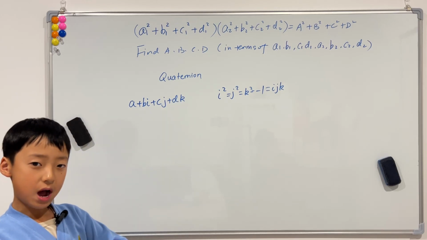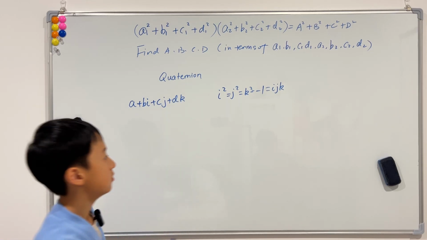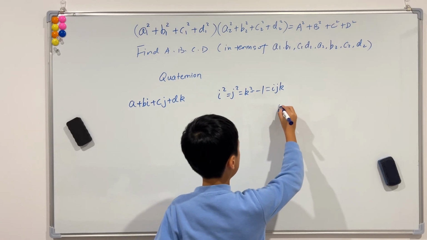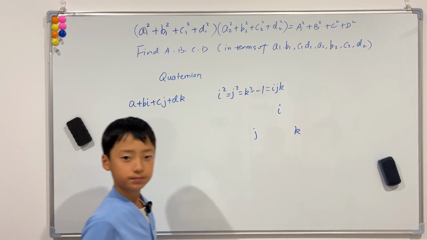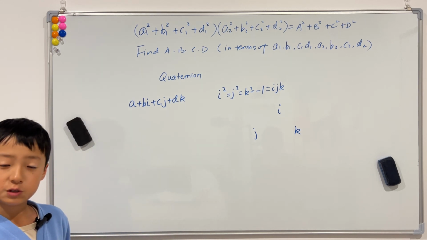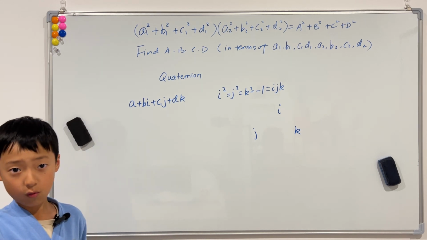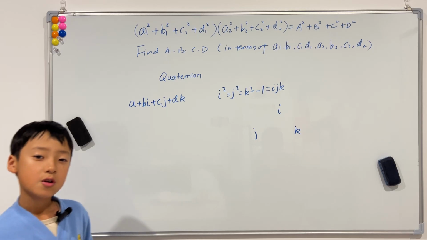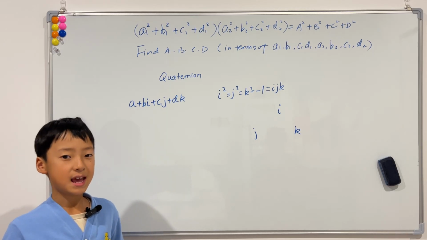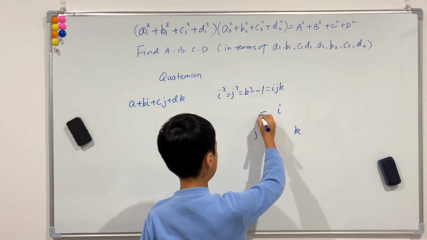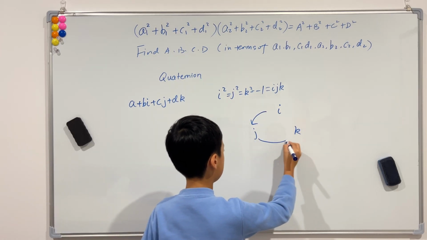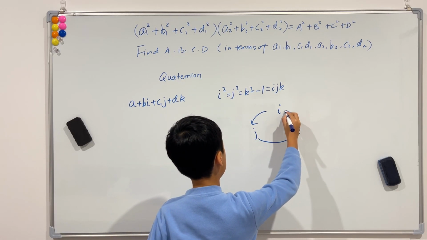We're going to draw a wheel. i goes at the top, j to the left, k to the right. There are 2 ways to spin this wheel, either anti-clockwise or clockwise. The relatively simpler one is anti-clockwise, so I'll explain that first. You go this way, this way, this way.